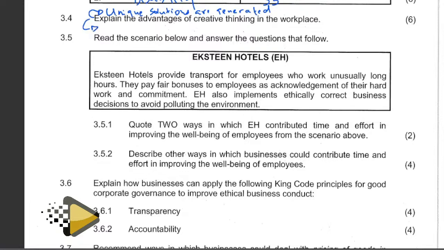Also, we said that complex business problems may be solved.